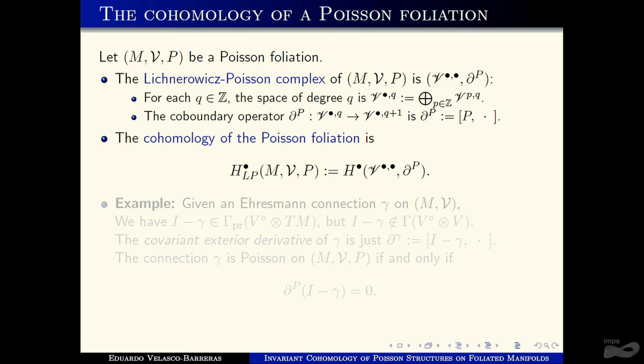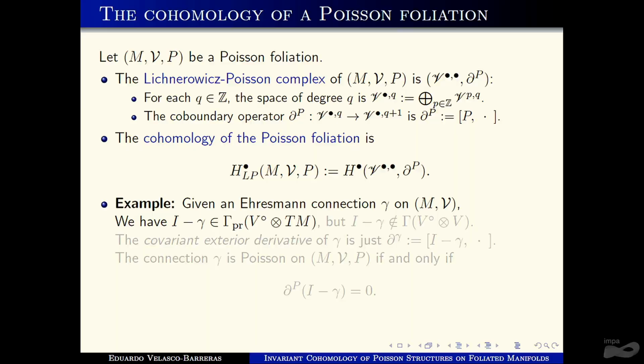And why do we have to consider this general Lie bracket? It's because we want to bring Ehresmann connections into play. If we have an Ehresmann connection, then we observe that the identity minus the Ehresmann connection is a projectable vector valued one form, but it is not an element of the first B-graded algebra.